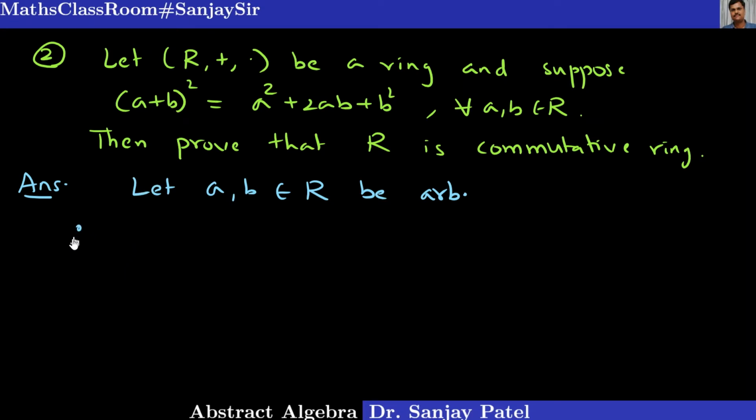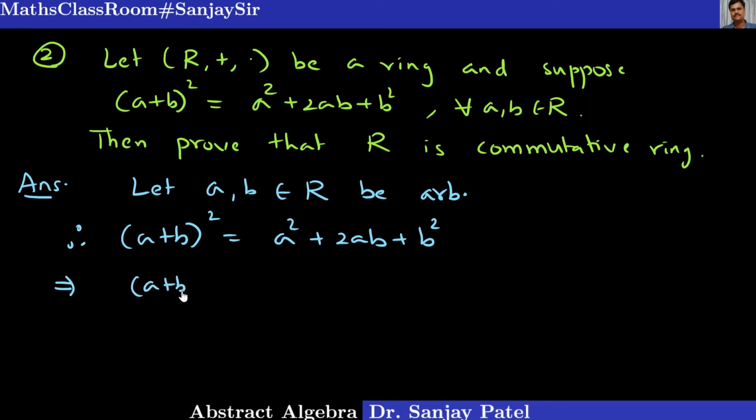Therefore, I can write (A + B)² = A² + 2AB + B². This implies (A + B)·(A + B) = A² + 2AB + B².